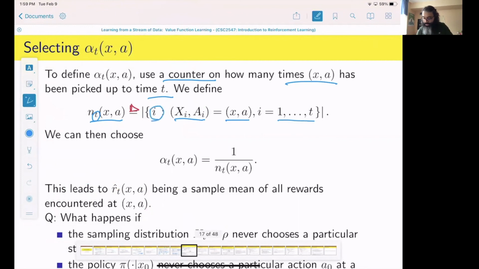So it just counts the number of times that this is satisfied, like counting the size of that set. And then I can choose alpha t for state x and a to be one over the number of times that it has been selected. And if I do this, then R hat of t, x, a would be a sample mean estimator of all the rewards encountered at state x and a.